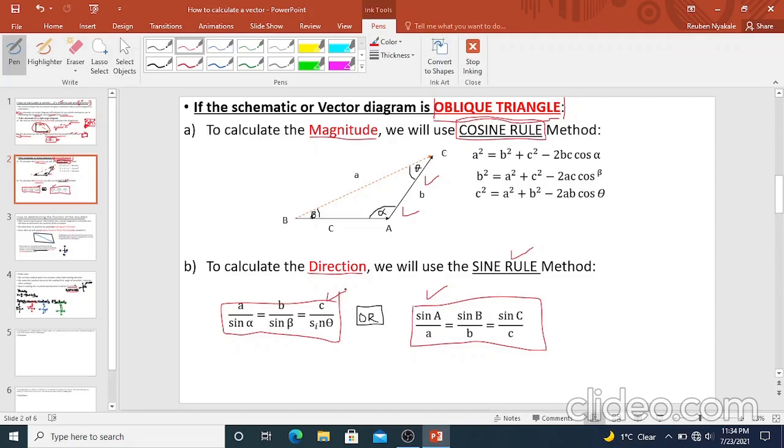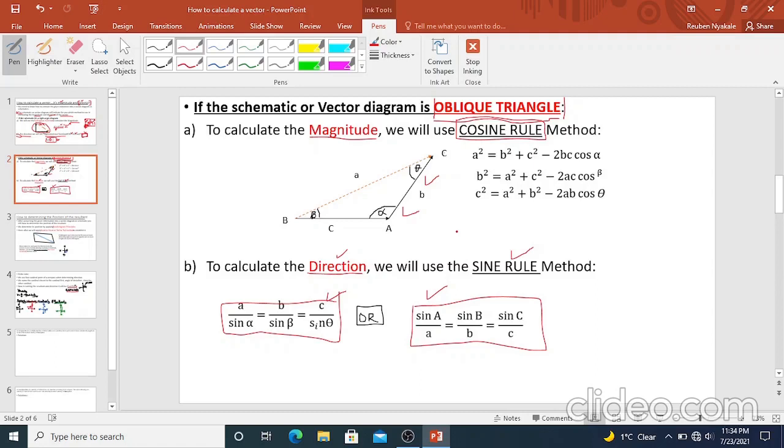We use the sine rule to determine the direction of an oblique triangle.